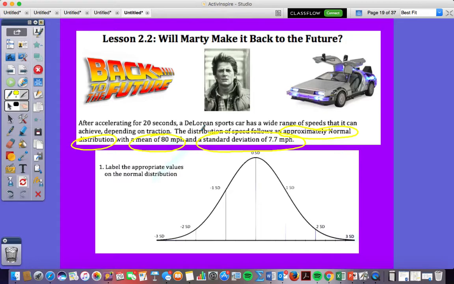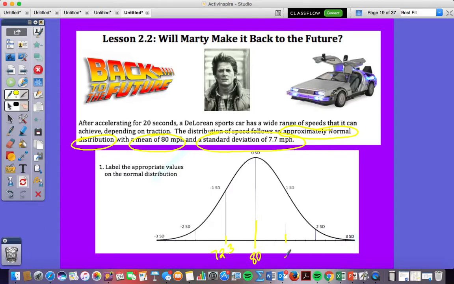Question. Jared, help me out. How could I set this normal distribution up? You'd want to put your mean of 80 in the middle, good, and then to the left you would put 72.3.